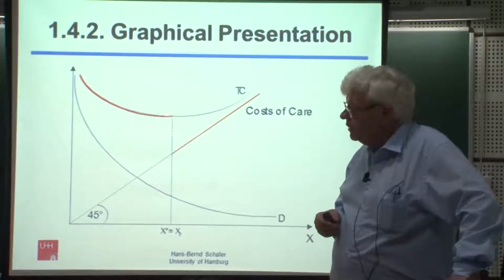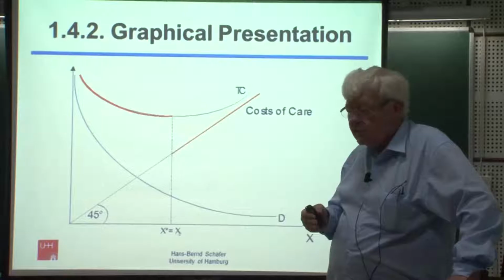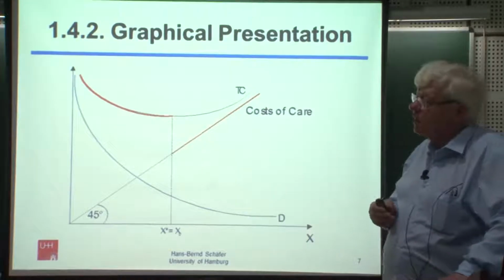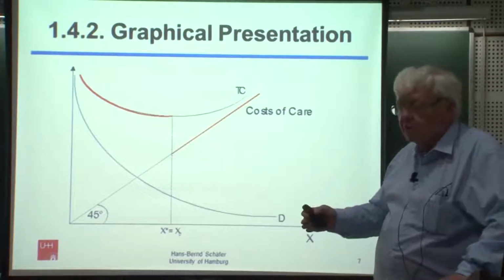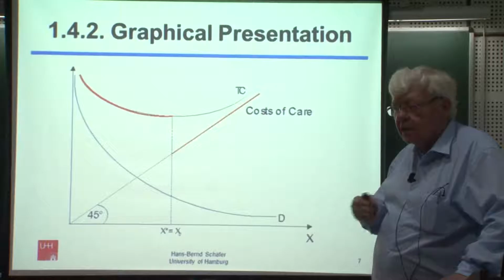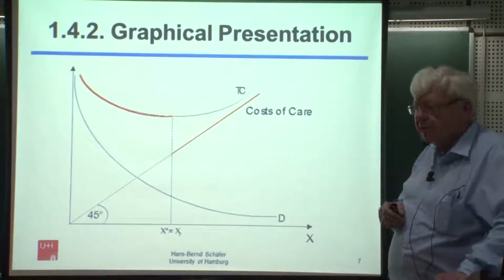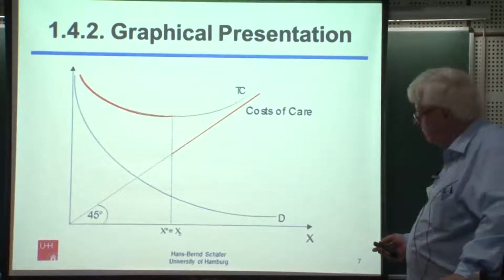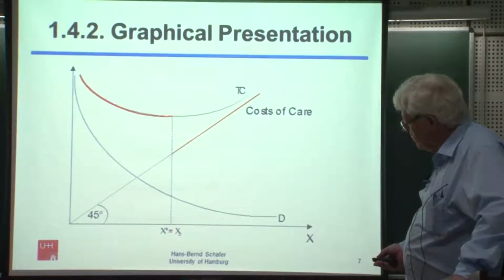If the due level of care is reached, then the tortfeasor does not have to pay damage compensation. If it is below the due level of care, he has to pay damage compensation. See what I mean?